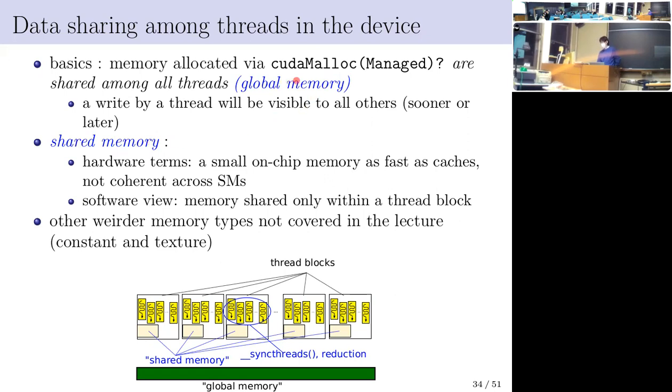This memory region allocated by cudaMalloc or cudaMallocManaged is shared among all threads. So you can consider this a big shared memory among all threads in the GPU, and this memory is called global memory. It is a global memory that is accessible by everybody in the entire grid.